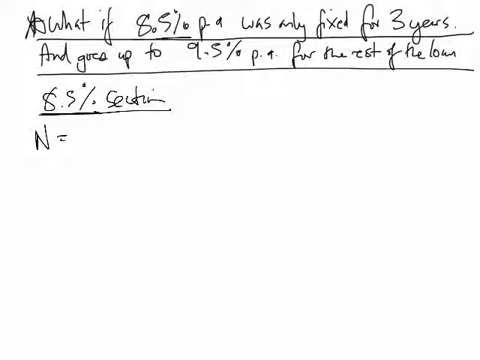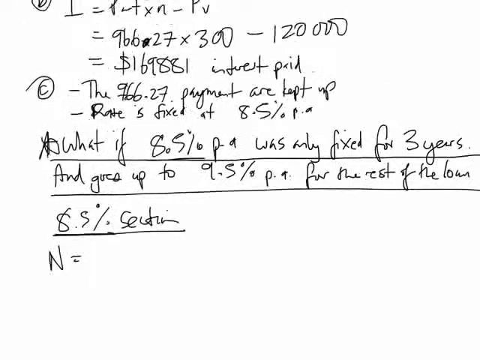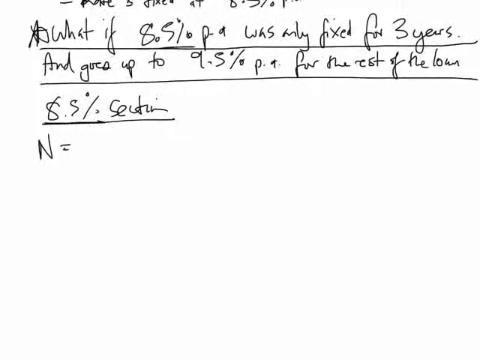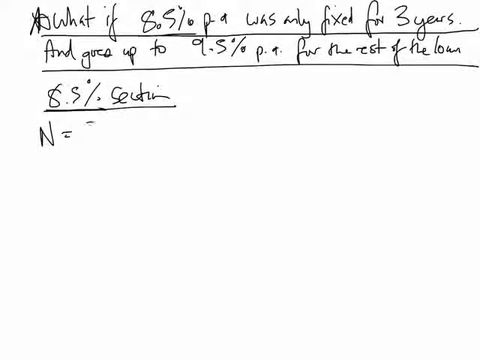So N is going to be, well, you're making 12 repayments per year for 3 years, so it's going to be 12 times 3, which is 36. Okay. I was fixed at 8.5% per annum for that first 3 years.